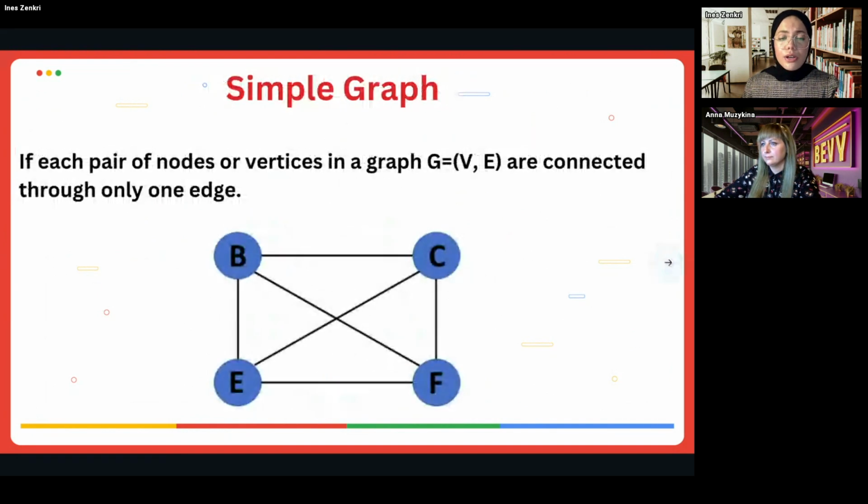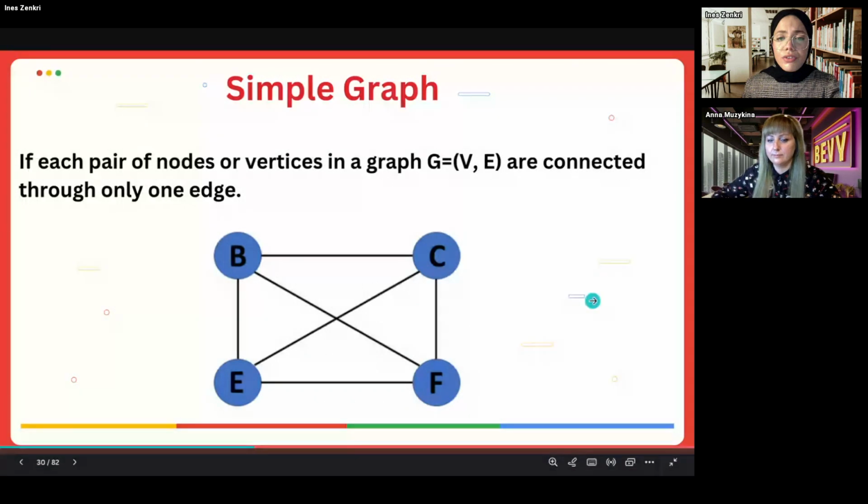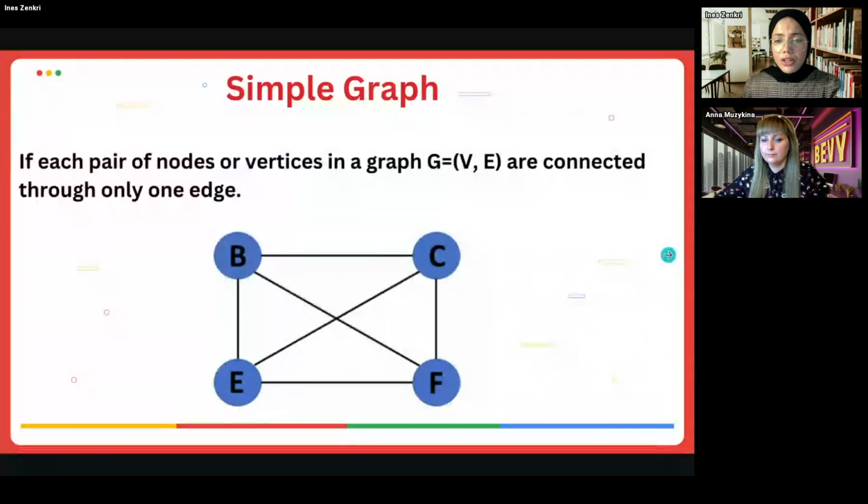Also, there is the simple graph, and this basically means that each pair of nodes or vertices in a graph is connected through only one edge. So if we observe any pair in this graph, for example, BC, they are connected through one edge. Also CF, they are connected through one edge, and so on and so forth.